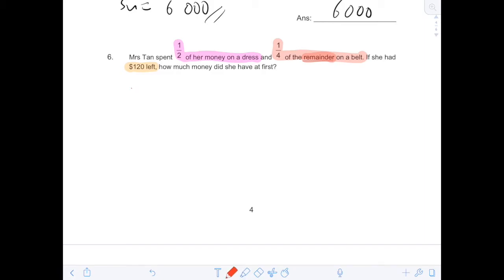So here we're going to be drawing a model. Oops, it's in red. Never mind, let's keep it in red. Half on the dress, and 1/4 of the remainder on the belt. So this is the remainder. We're going to split it into 4 parts because we want to make it 1 out of 4. Remember, we're only dealing with the remainder.